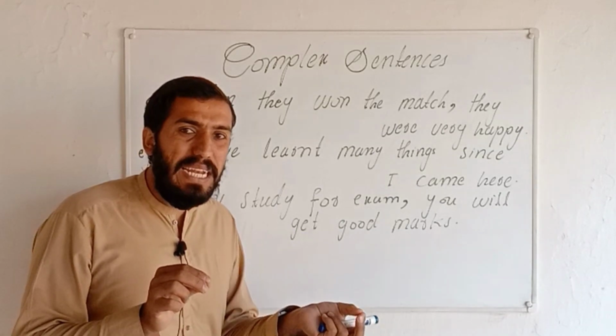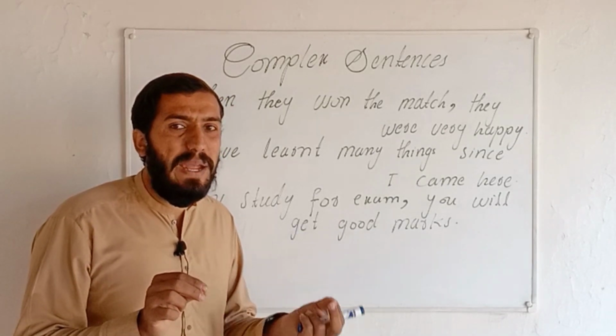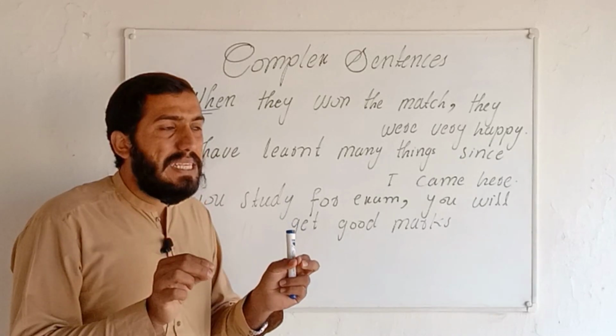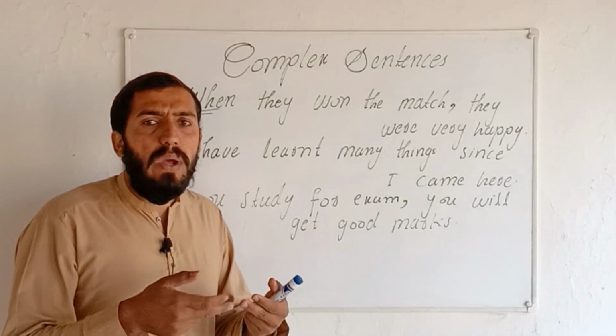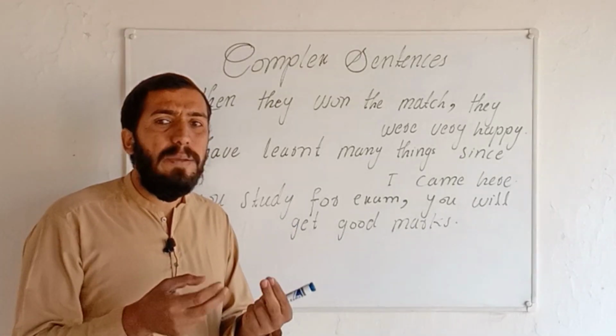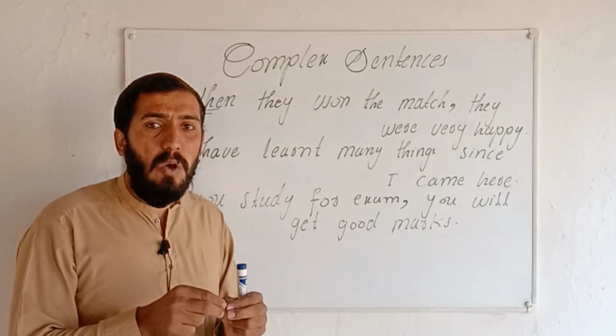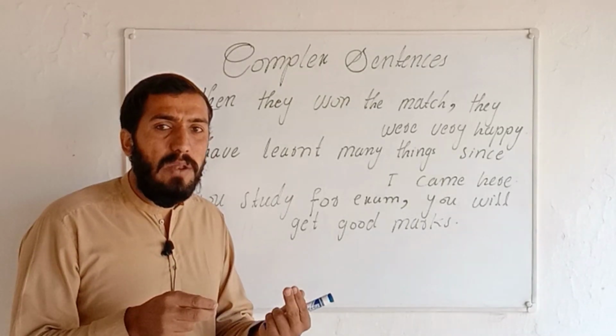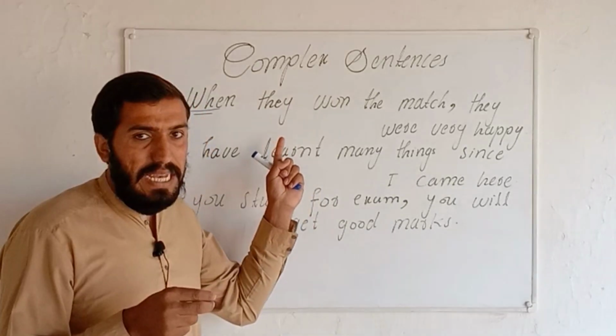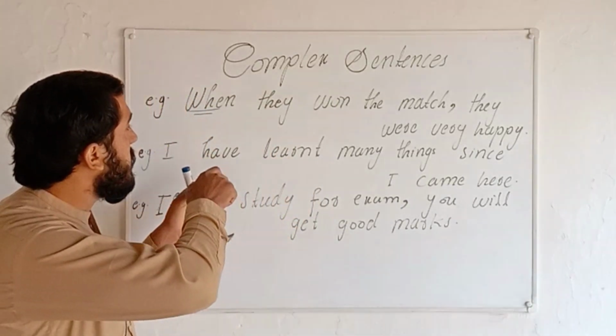One is a dependent clause and the second one is an independent clause. You will always have one independent clause, but you can have more than one dependent clause in a sentence.